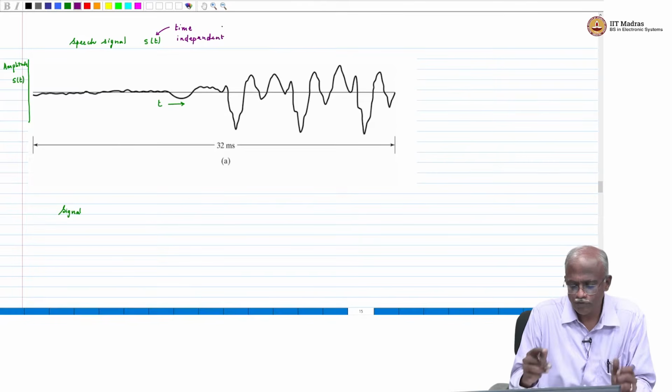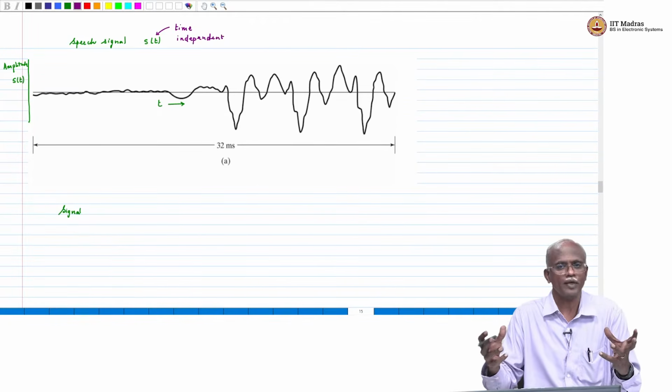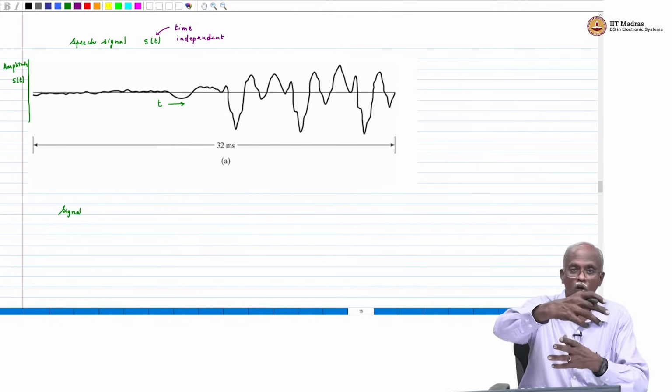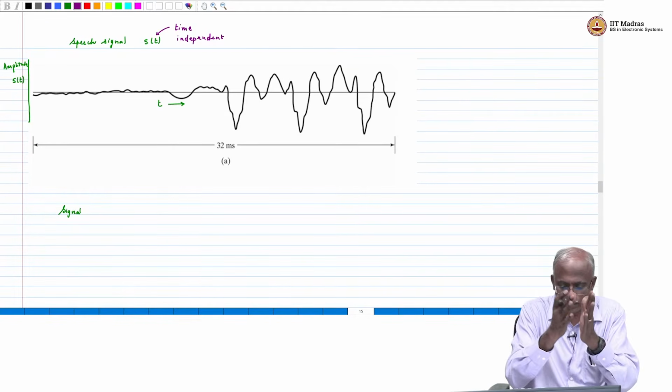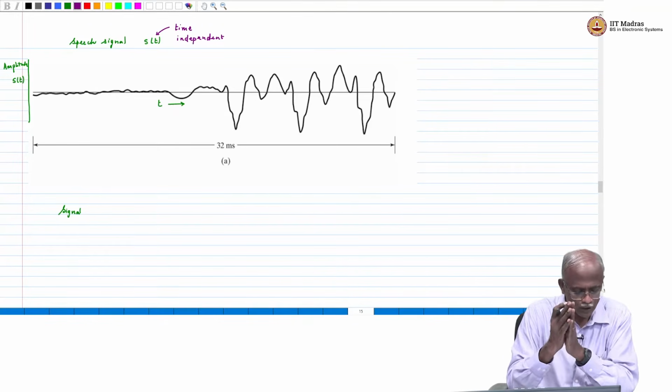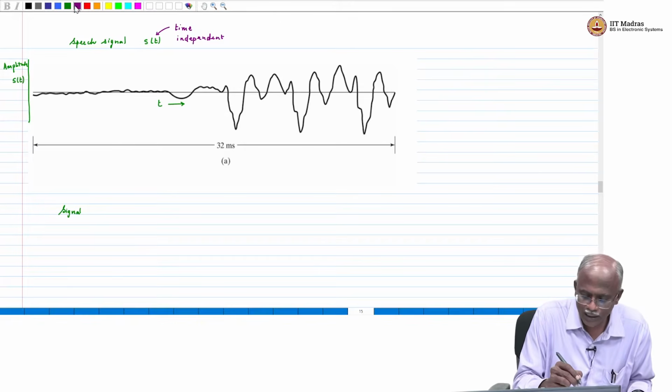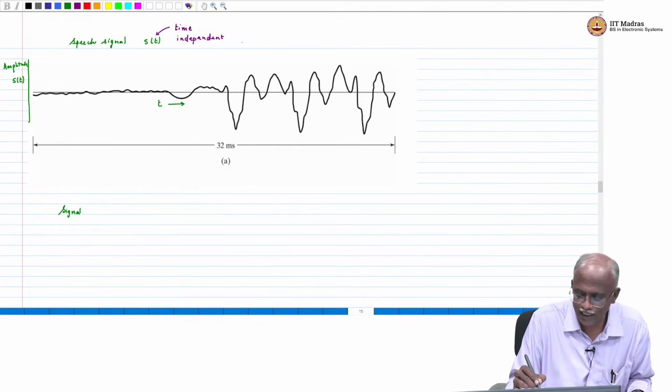So a signal is a function of an independent variable. It could be time, it could be the x dimension or the y dimension. So basically a signal is a function of one or more independent variables. A signal is of interest because it carries information. Okay, a signal is an information bearing quantity.